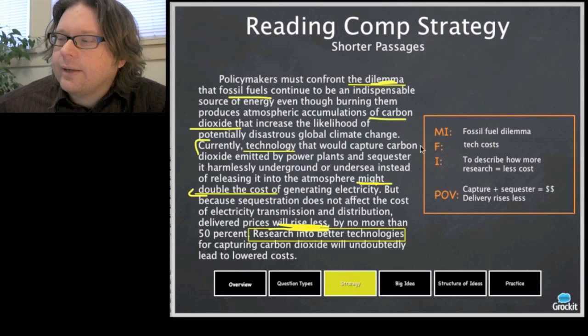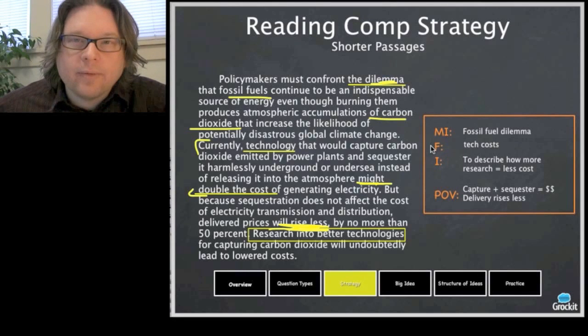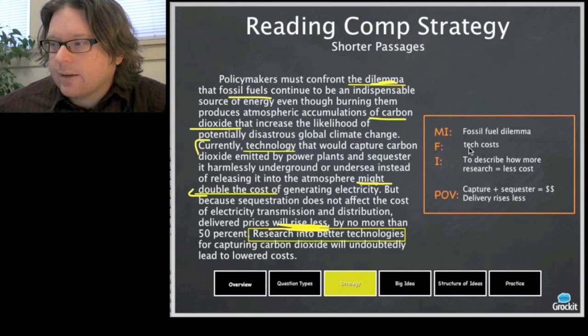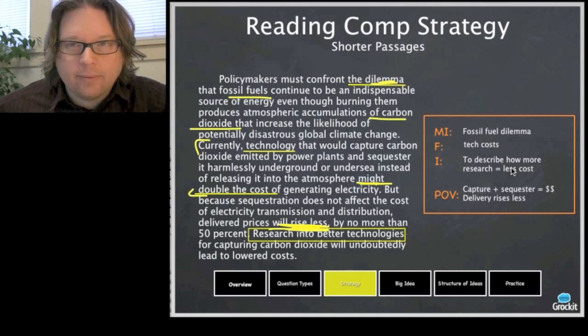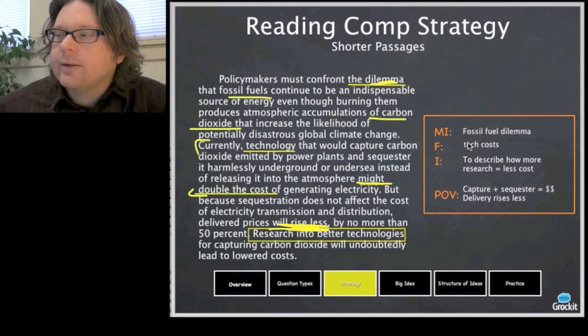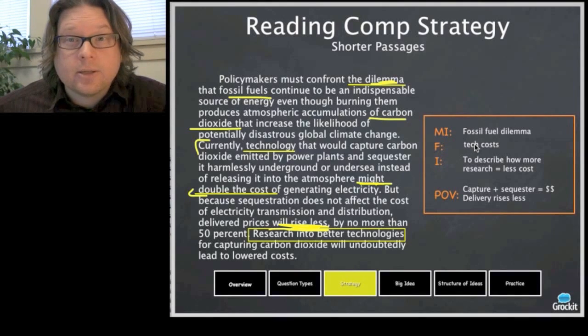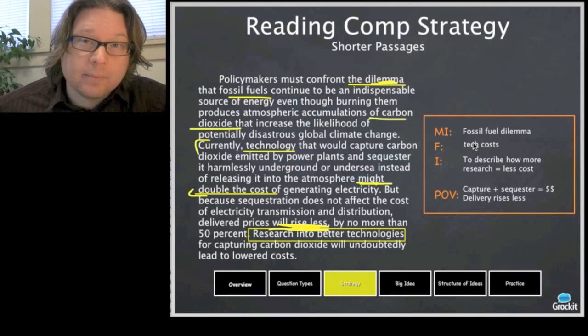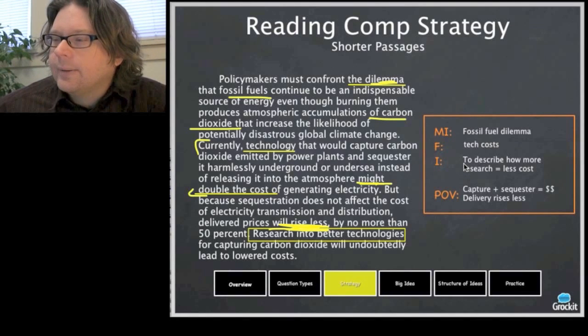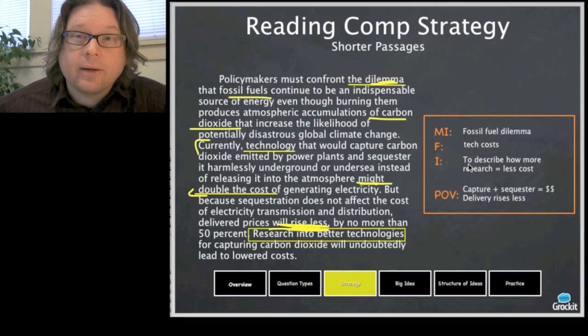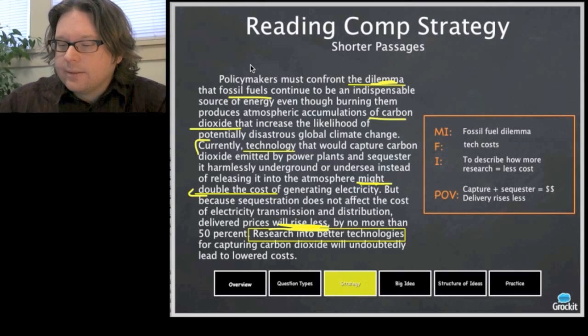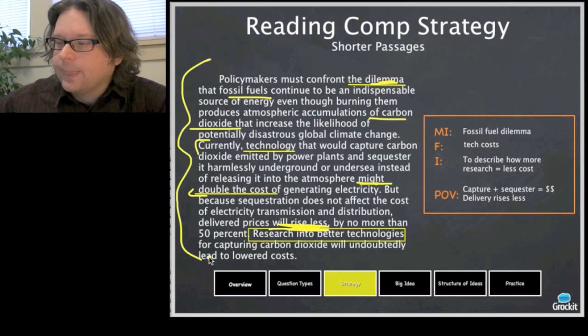So you see how the intention flows from the focus, because it was about tech costs. We go from the fossil fuel dilemma to the technological costs associated with sequestering carbon dioxide, and then specifically how research can reduce those costs. And that's what happens throughout this paragraph.